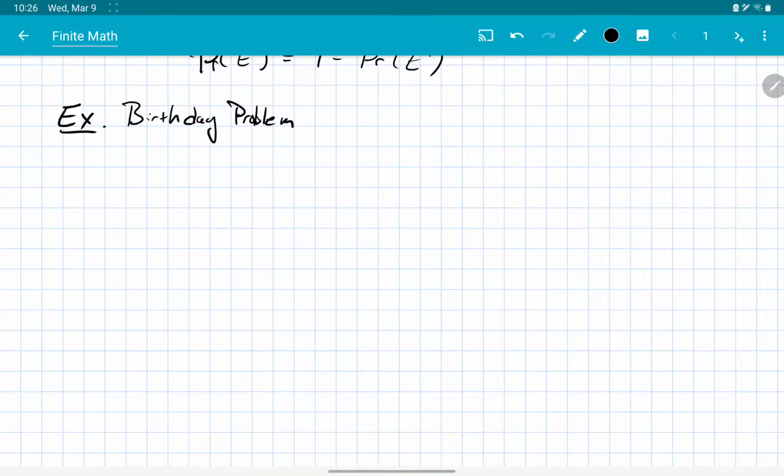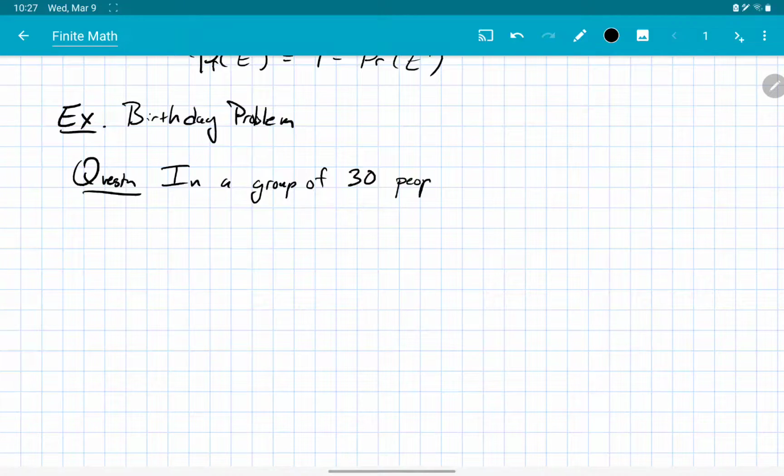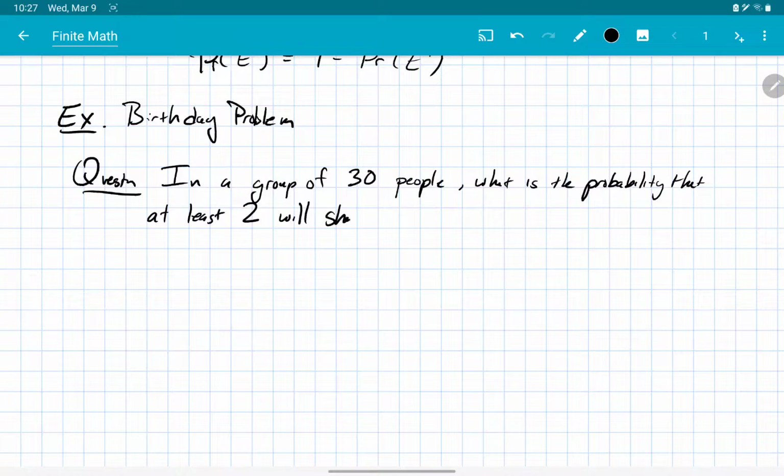So the question is, in a group of 30 people, what is the probability that at least 2 will share the same birthday?